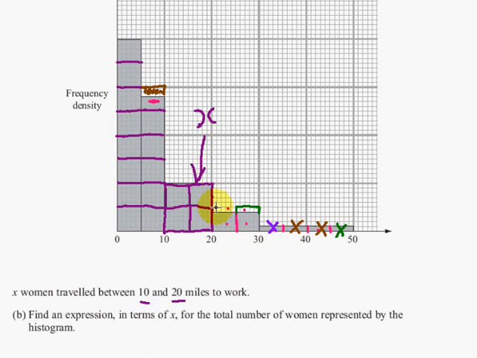Okay, so how many of these full centimetre boxes do we have? We have 1, 2, 3, 4, 5, 6, 7, 8, 9, 10, 11, 12, 13, 14, 15, 16, 17, 18, 19, 20 of these boxes.